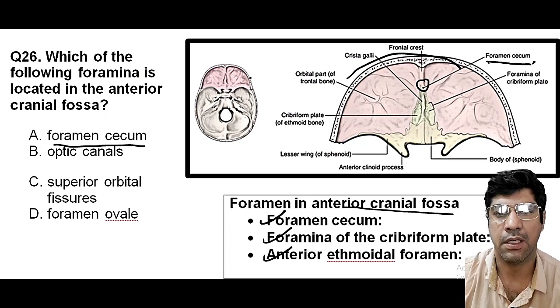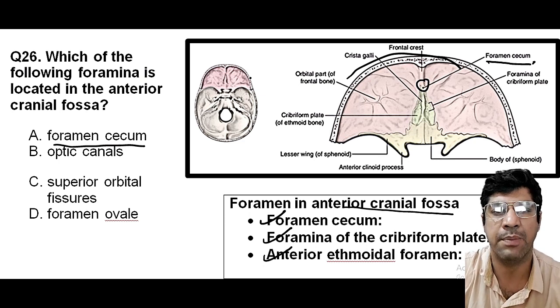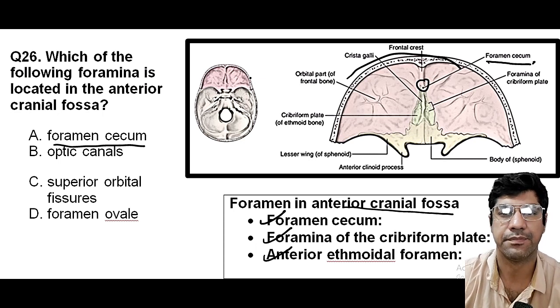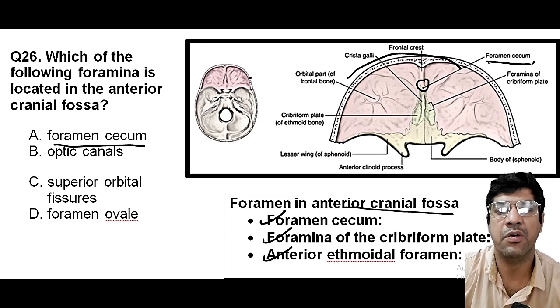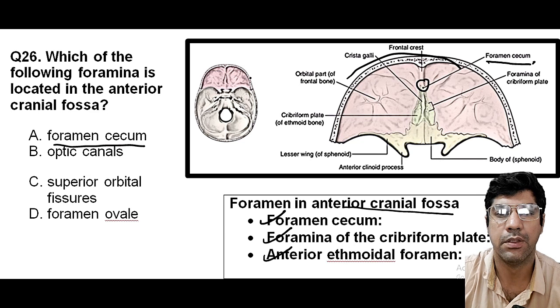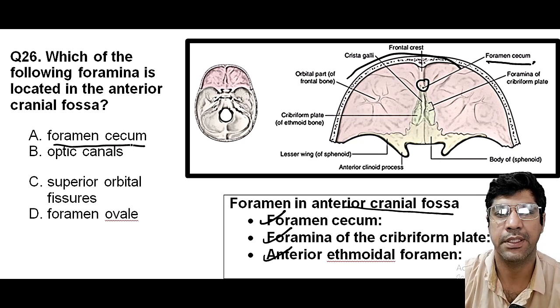So these foramens will allow the important things like the nerves and the blood vessels to pass from the brain into the face. Just like how the windows let in light and air into a room. So the foramen that is located in anterior cranial fossa, it's the foramen cecum.